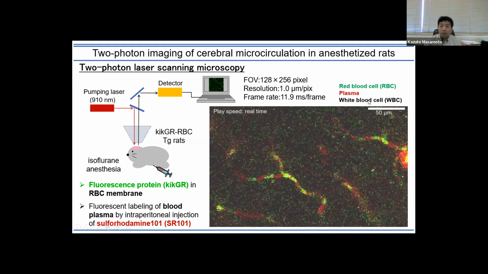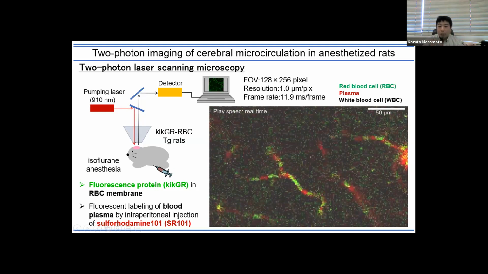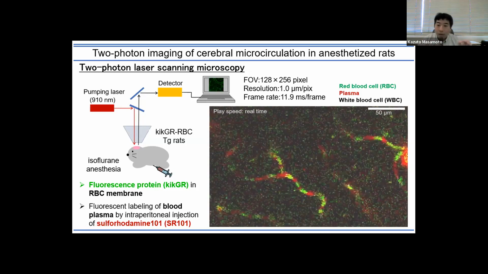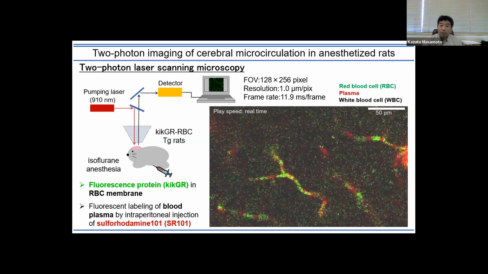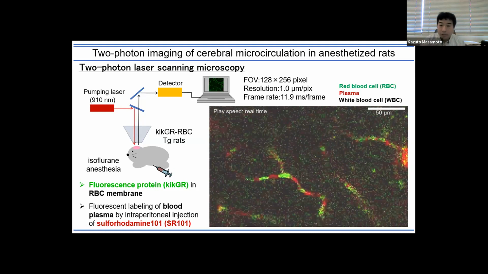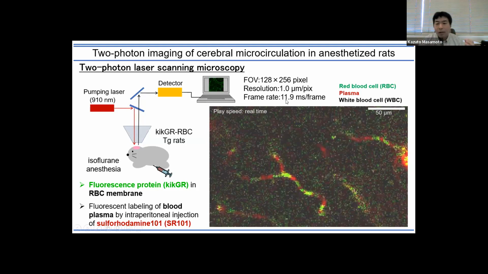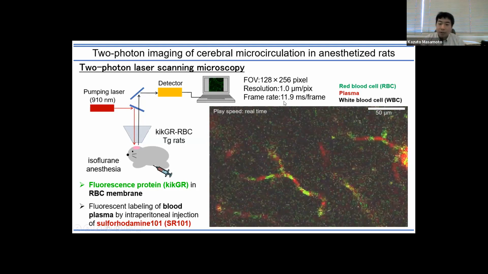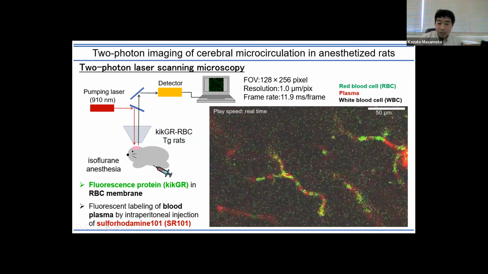So we can use this to look at how many red blood cells and white blood cells and also blood plasma there are, individually. We can look at the dynamic color change, almost in real time. We use a high frame rate, sorry for the noisy image.